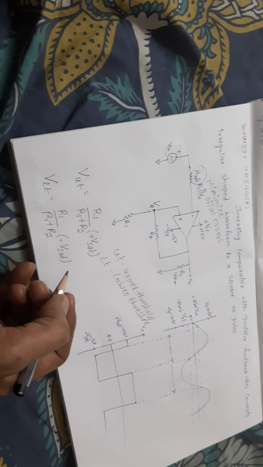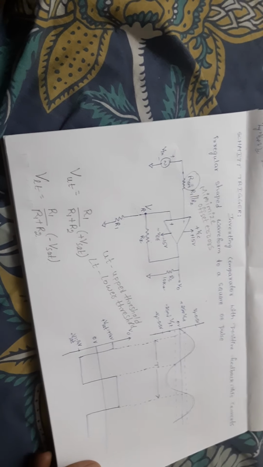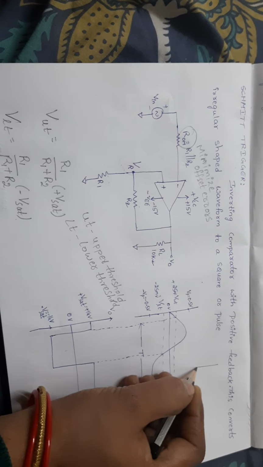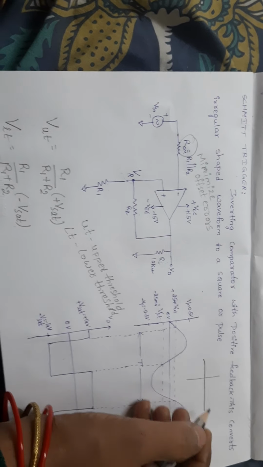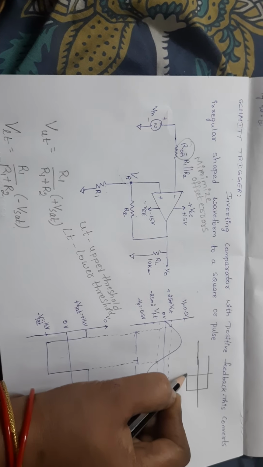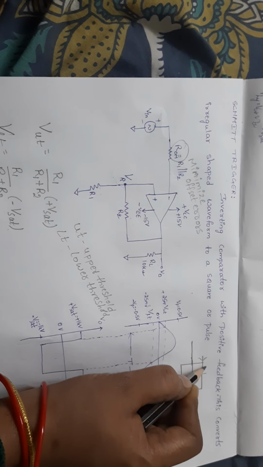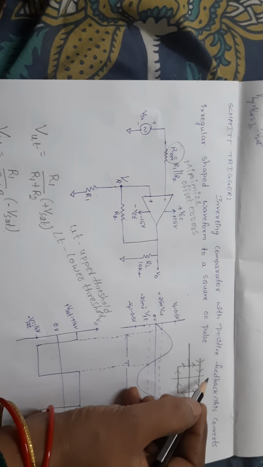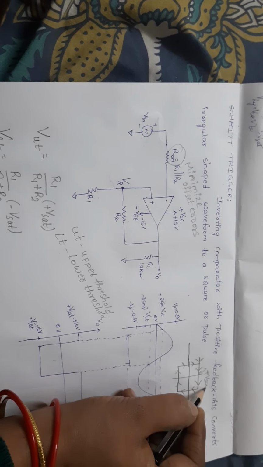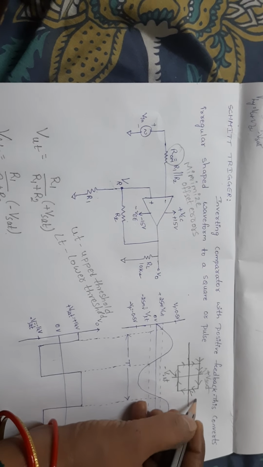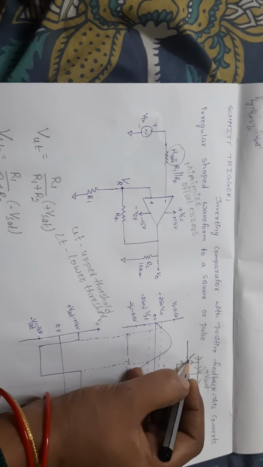For the Schmitt trigger, the most important thing is the hysteresis loop. See here, this is the hysteresis loop for this Schmitt trigger. This is plus Vsat and this is minus Vsat. This is the upper threshold and this side is the lower threshold.